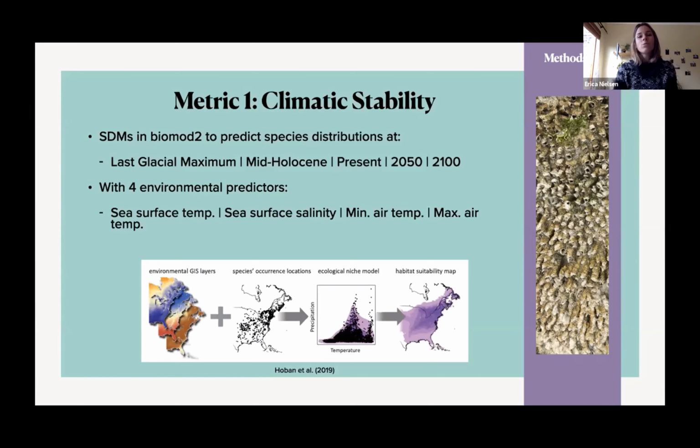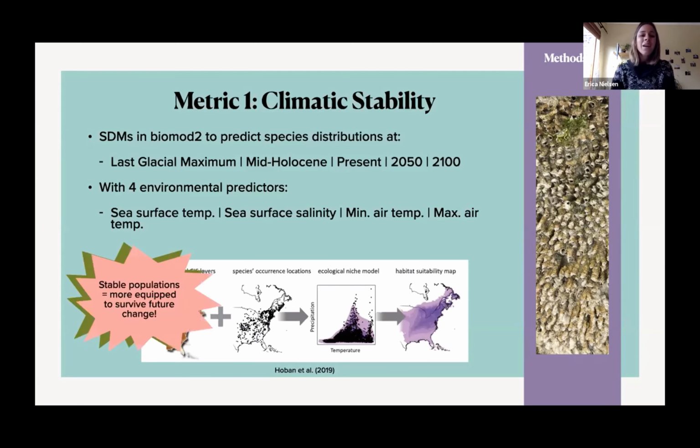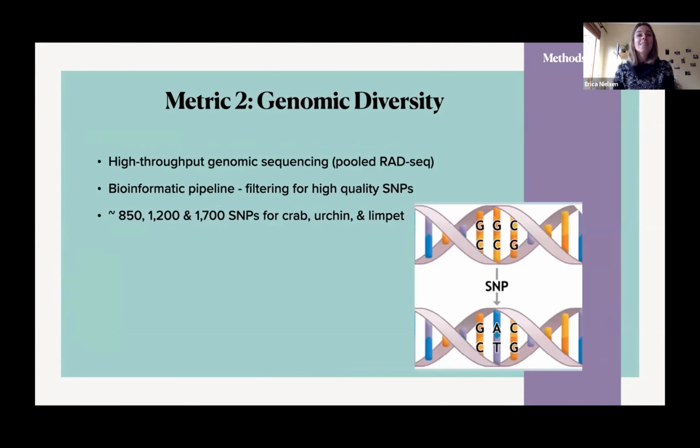And so these models were run for each species individually, but using the same 4 environmental predictor variables, which were found to be uncorrelated for all time points and all species. So here what we were looking for was to identify stable populations through time, as they're expected to be more resilient to future change.